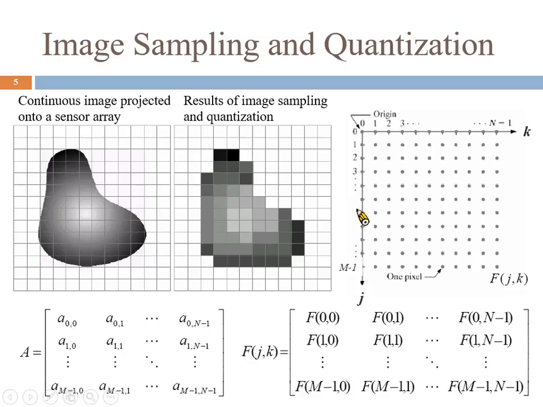So here is an example. The original object looks like this. This is the analog object, and we can see that it gives rise to a continuous signal. But based on image sampling and quantization, for each image sensor, we just sample it.